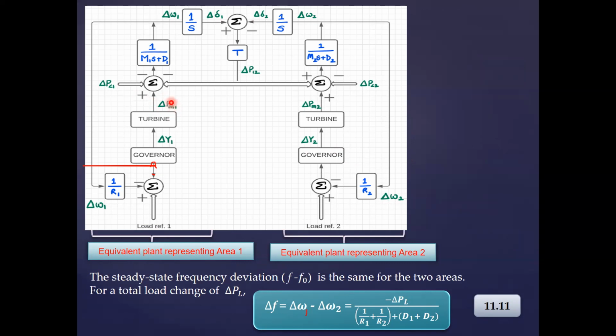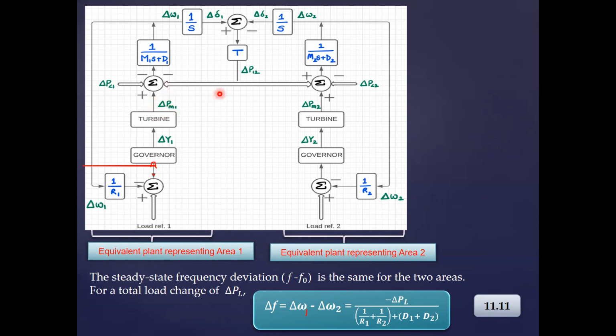So what we now see is you have an interconnected system. Let's say that you have some change in the load here, some load disturbance, either increase or decrease. In general, I'm discussing, right? In that case, what should be the change in the turbine output power here?